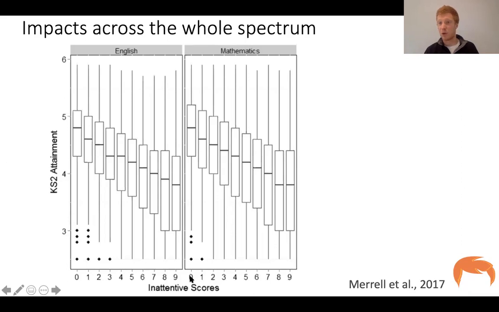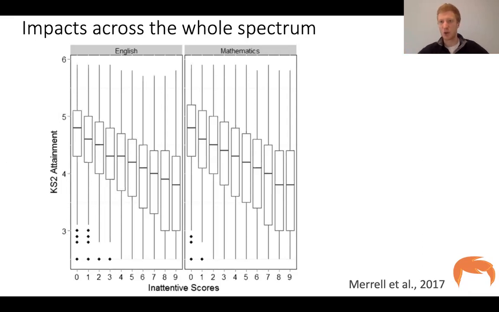0 means not at all inattentive, very good attention skills. Up to 9, very highly inattentive. And then that's plotted against attainment at Key Stage 2 in English and in mathematics here. And what you can see is that I think previously a lot of our focus, sometimes as educators, certainly in terms of my training, if attention was mentioned, it was to do with the very bottom end of attention.